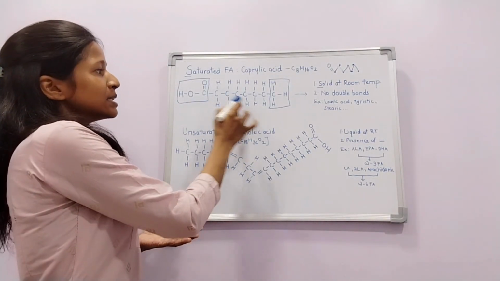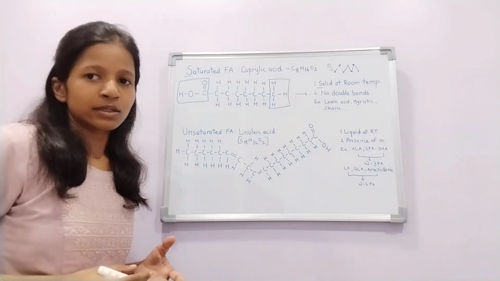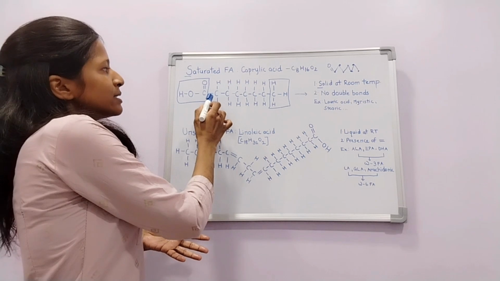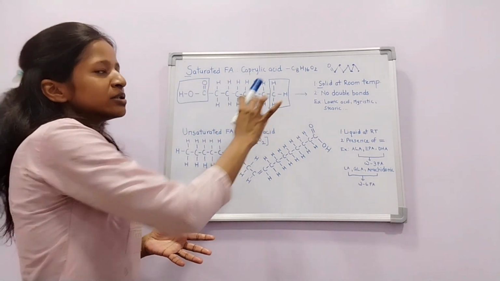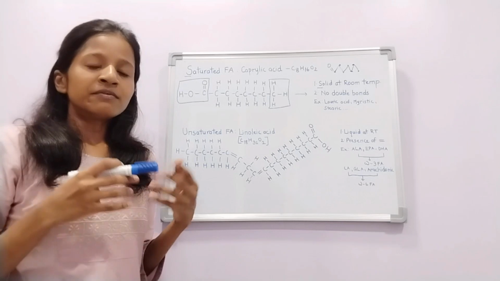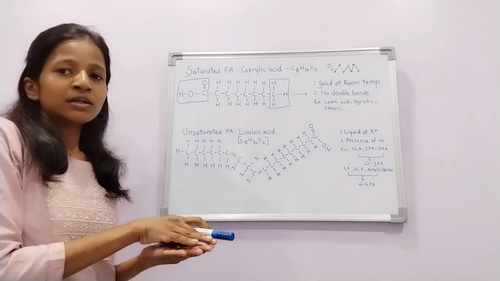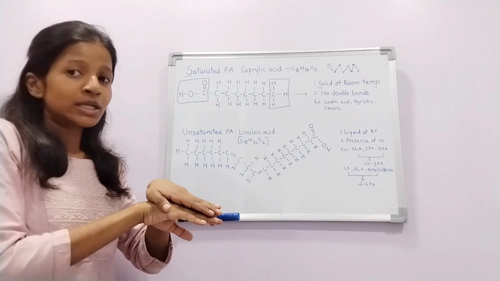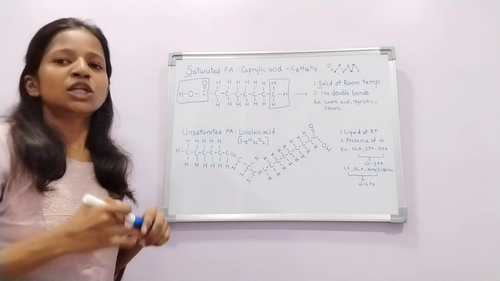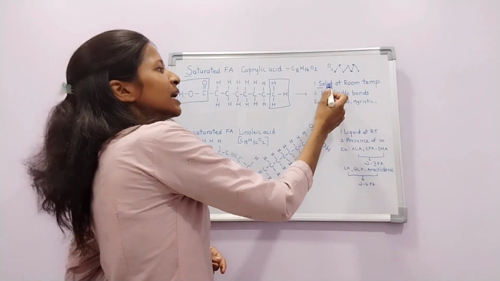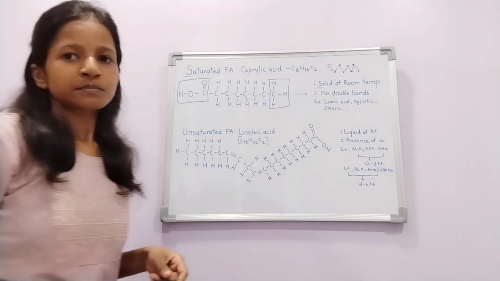That is why these are called saturated. Now, because there are no double bonds, it has a very rigid structure. So if you are trying to stack one saturated fatty acid upon another, it forms a compact arrangement, which is why they are solid at room temperature.